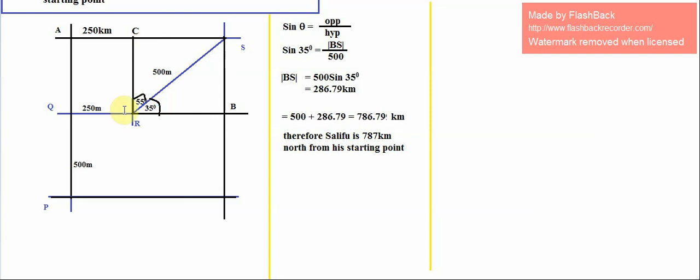I'm going to use this triangle this time around, and this is our reference angle. This is the opposite and this is the hypotenuse. So we are still going to use sine. The formula is still the same. Sine theta is the opposite over hypotenuse.